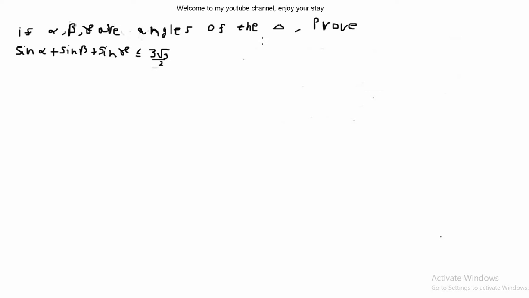The inequality we will use is called Jensen's inequality, which says that if we have a convex function, this holds.